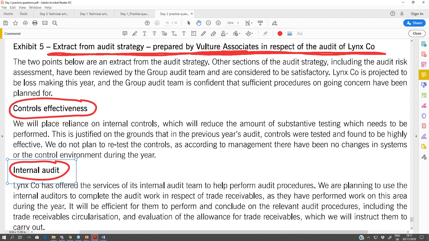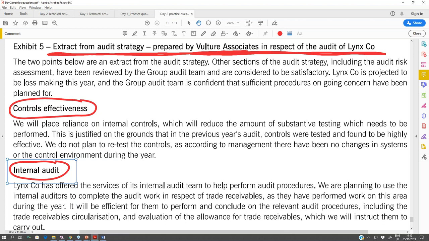Links company is projected to be loss making this year, and the group audit team is confident that sufficient procedures on going concern have been planned for. So even on going concern, the group team is very much satisfied with Vulture's audit strategy.